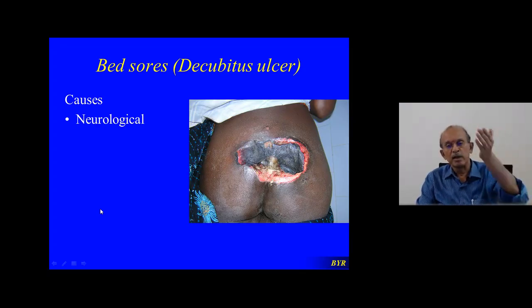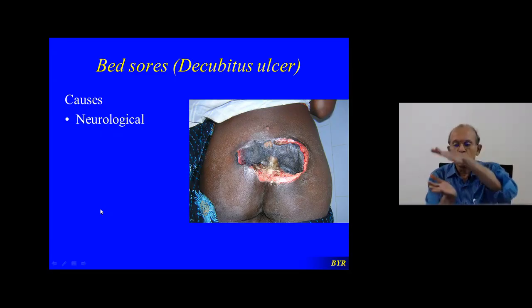Your body will be moving this side and that side. But if by any chance a patient stays in only one position in the bed, then the pressure points where they are in close contact with the bed undergo pressure necrosis and gangrene.